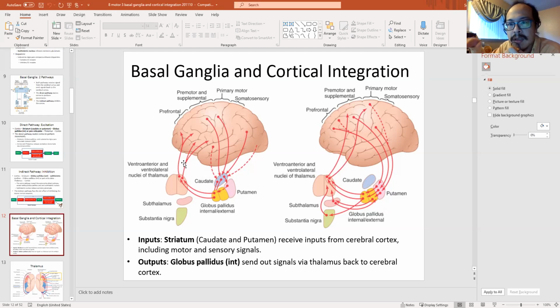Okay, so this is to explain why we have routine behavior. Why do we build routines? We very easily build routines. Like when you go to a new environment, you don't have a routine, but you very easily build one because of the basal ganglia. The visual cue, the sensory cue, will guide you to do something that becomes your daily routine.